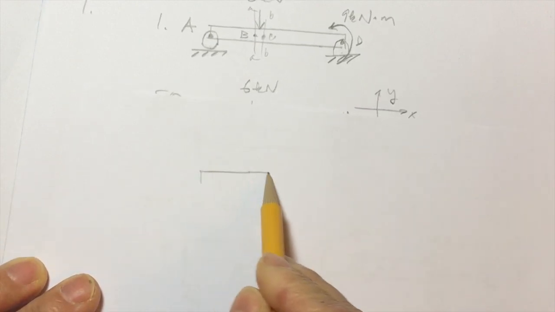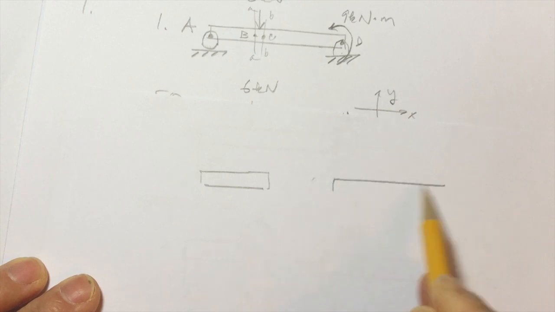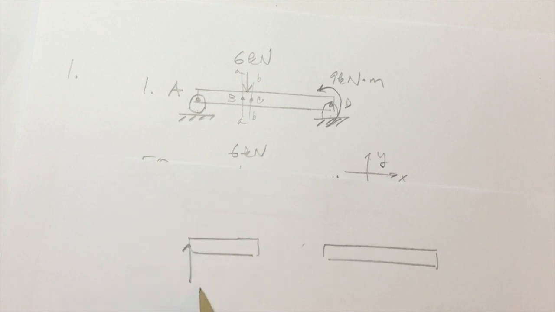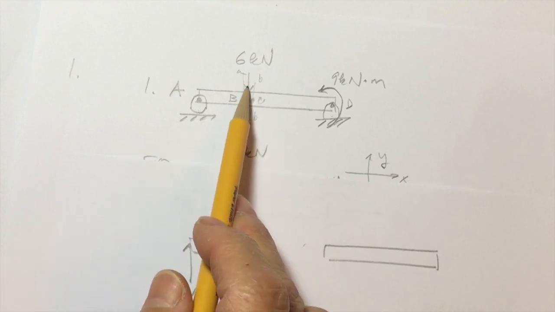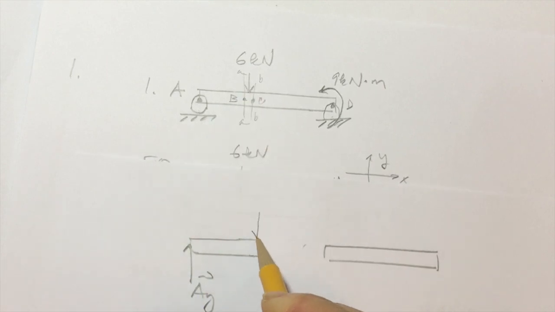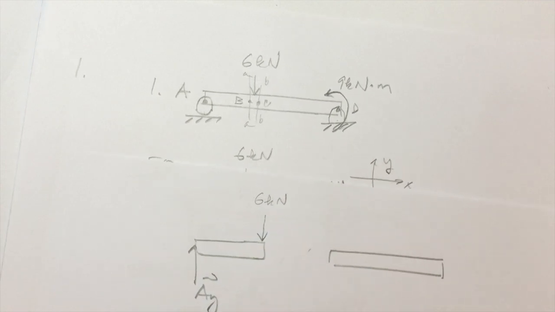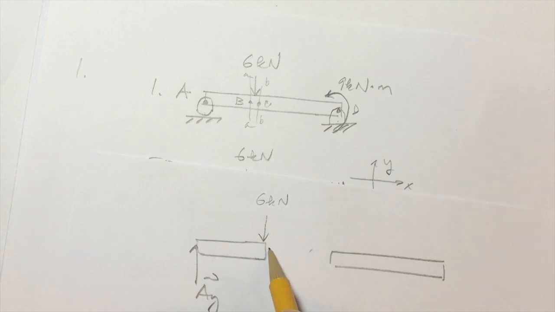I have my reaction force due to the rocker. I have the 6 kilonewton force now on this member. And I'm going to draw my shear force, which would be Cy, my normal force, Cx, and my moment at C.